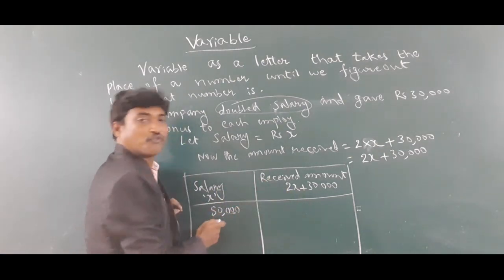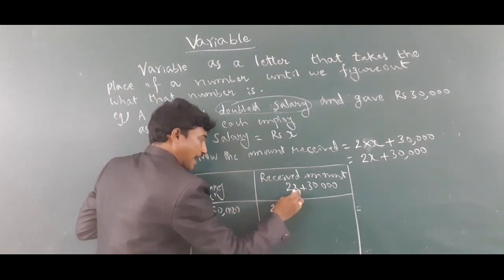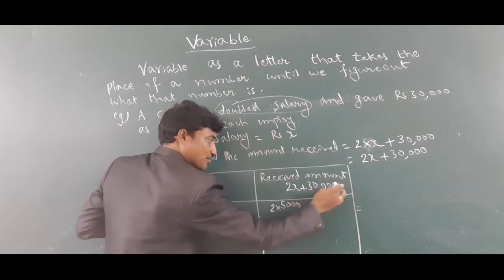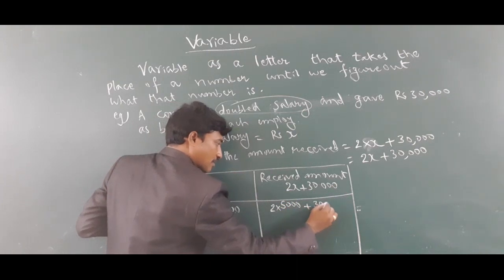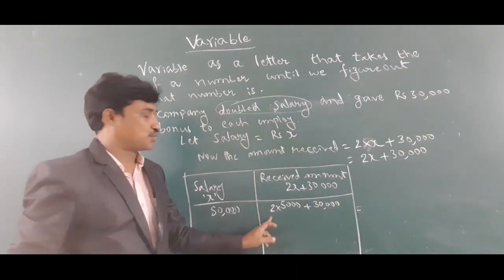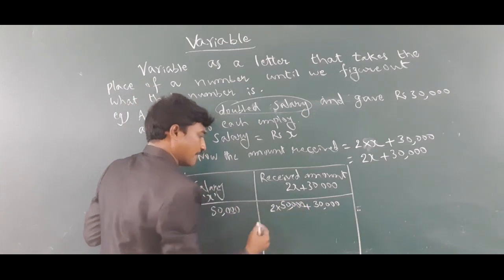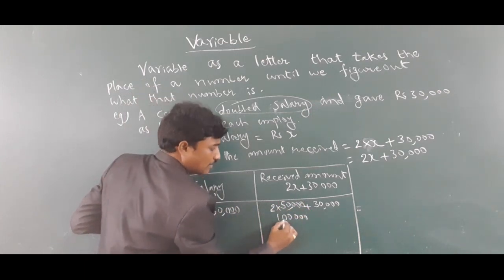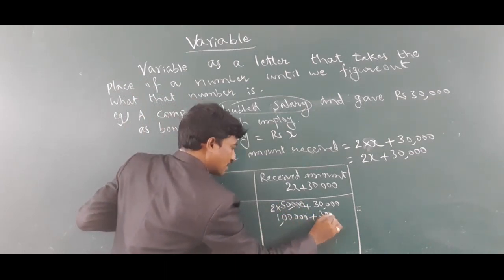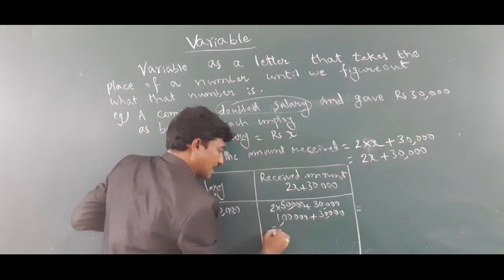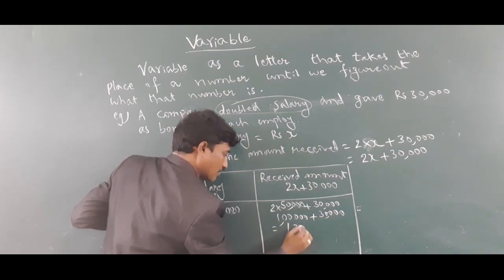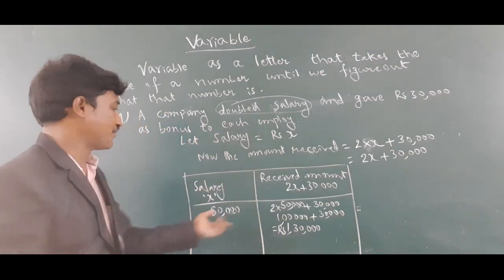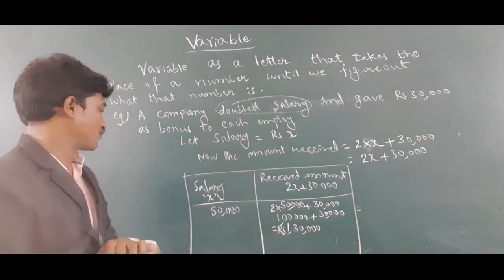In place of X substitute 50,000: 2 into 50,000, then add 30,000. Okay, 30,000 is a constant. 2 into 50,000 is 1 lakh. 1 lakh plus 30,000 is 1,30,000 rupees. The amount received by the employee is 1,30,000 rupees.